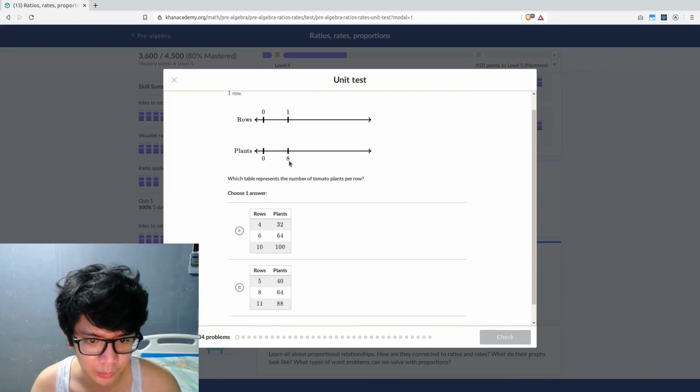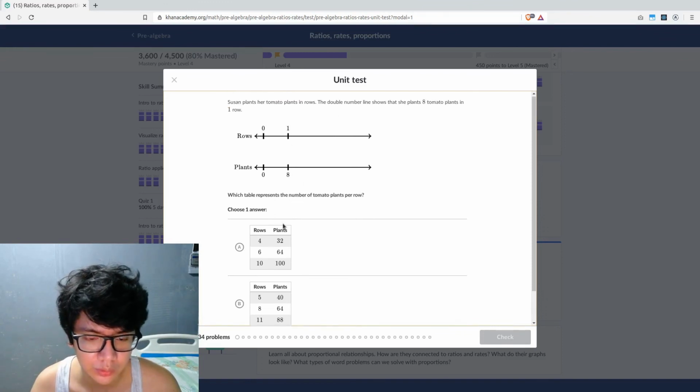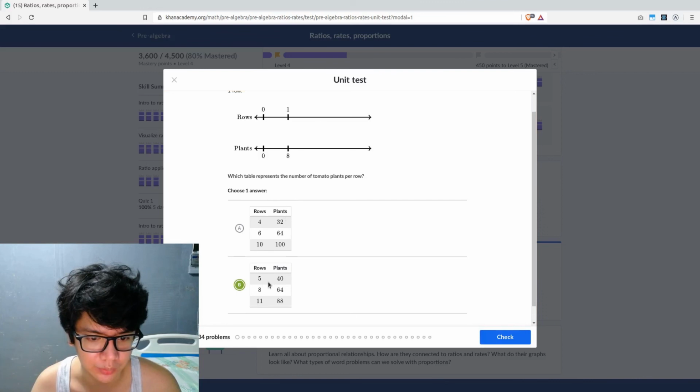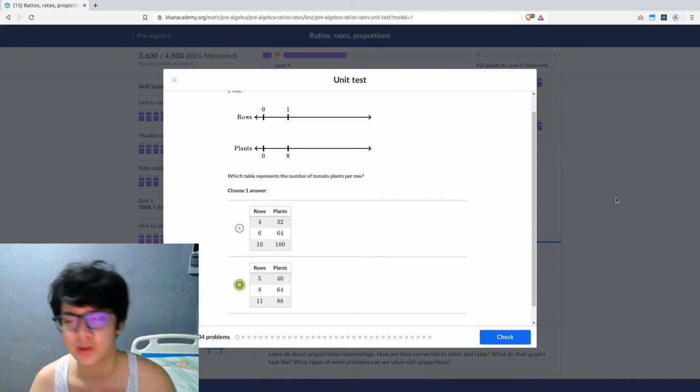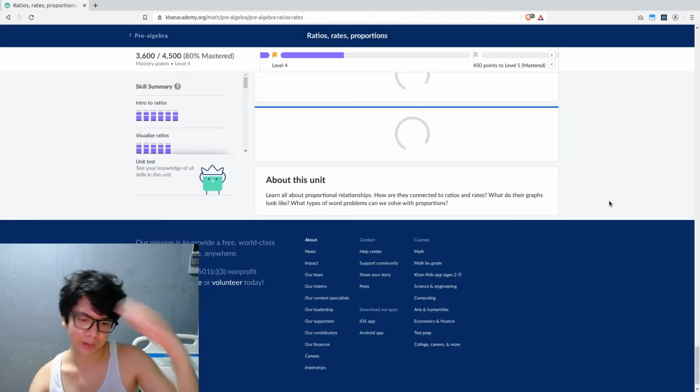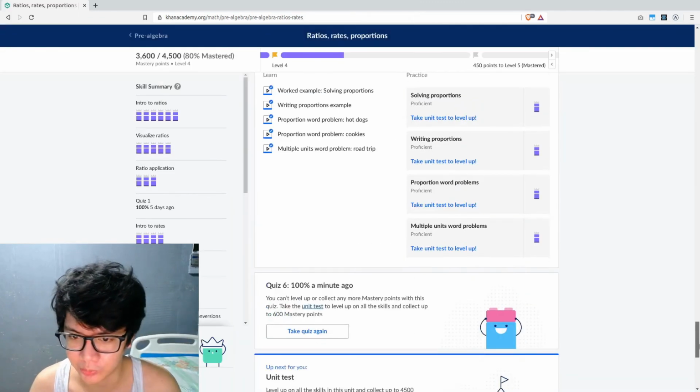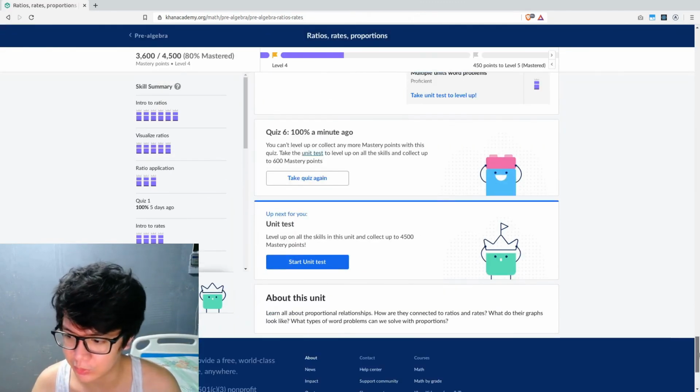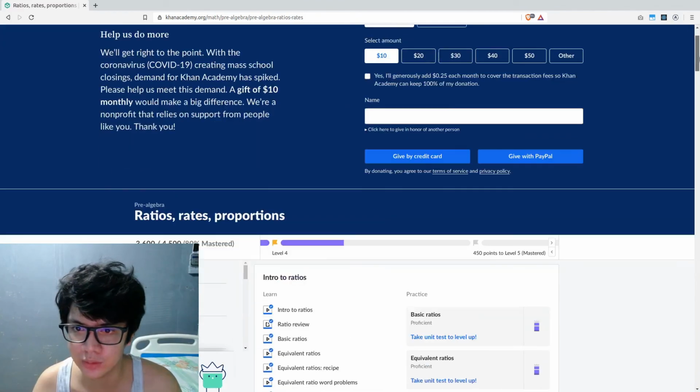So this is 1 to 8. Then this is the same. This is for 8. It's B. But I'm not going to do it now. Let's do it tomorrow. So for now, this is what I did.